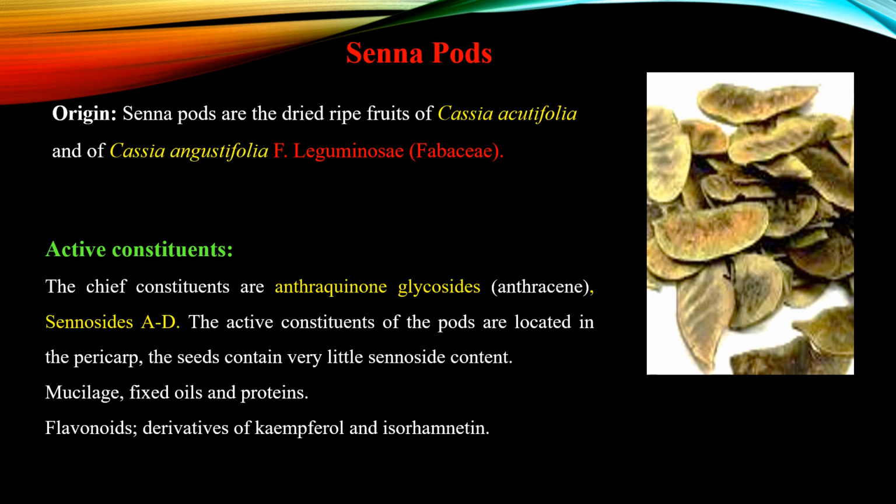Active constituents: anthraquinone glycosides of the anthracene type, with glycosides known as sennoside A, B, C, and D. The anthraquinones are located in the pericarp part of the fruit, the seed containing little or no anthraquinone.